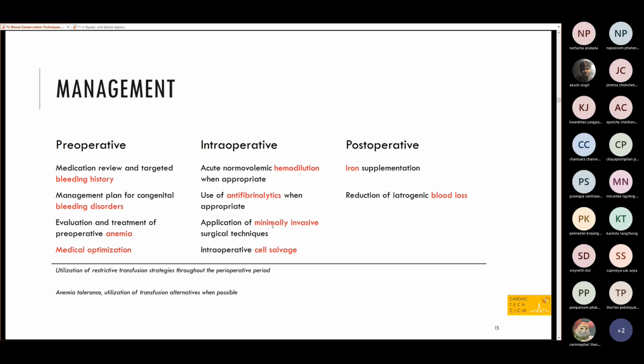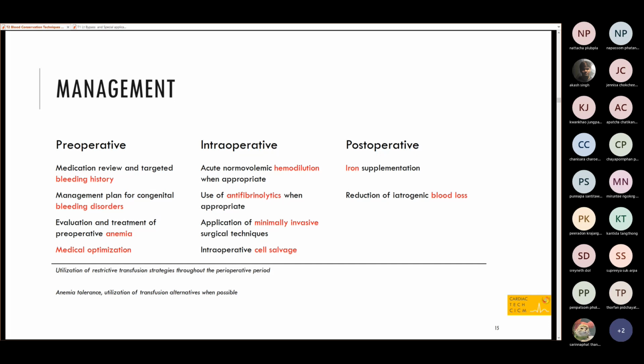Intra-operation, you need to avoid hemodilution. Minimize hemodilution, because we cannot deny that we cause hemodilution, since it is not good to use whole blood to prime the circuit, right?